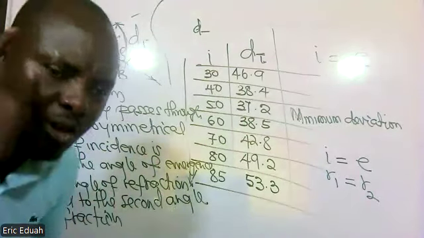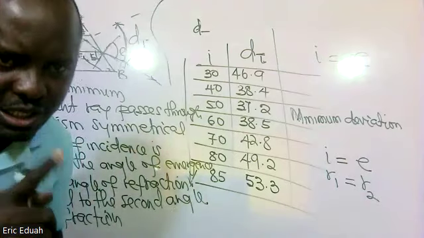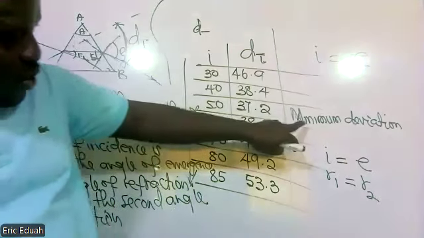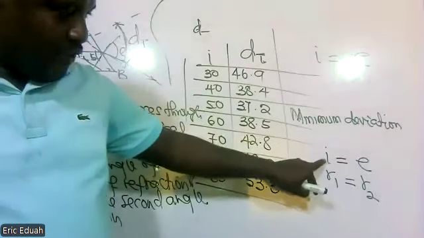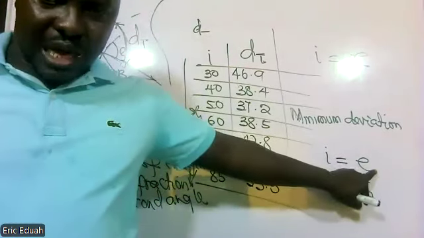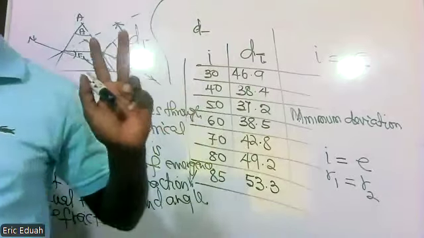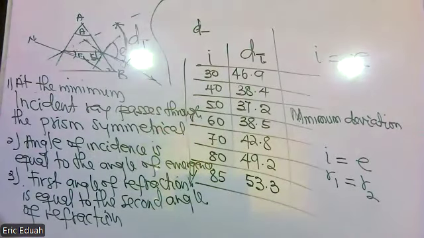It is only in a special situation, and the situation is that it is only at the minimum deviation where the angle of incidence is equal to the angle of emergence. Please take note of that important point.